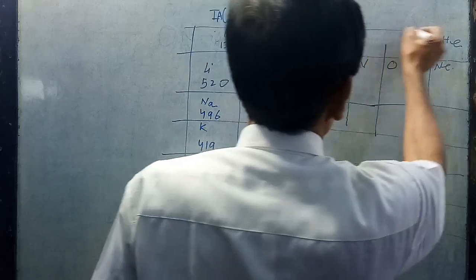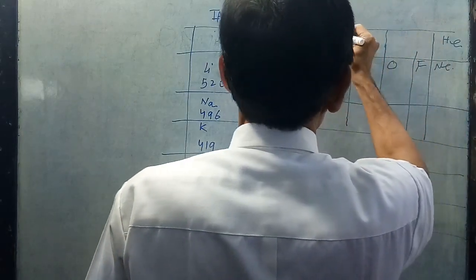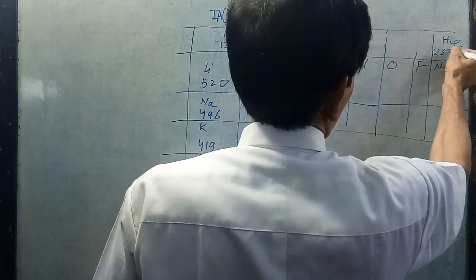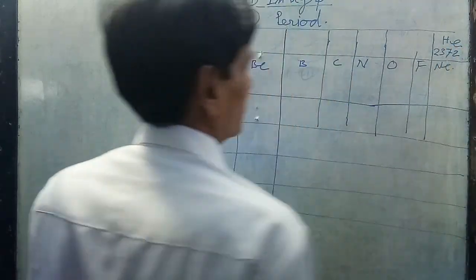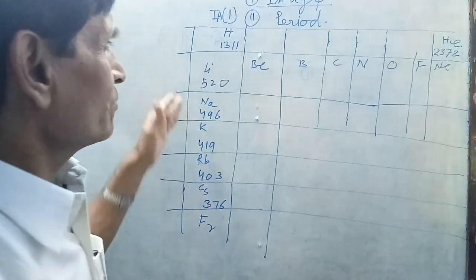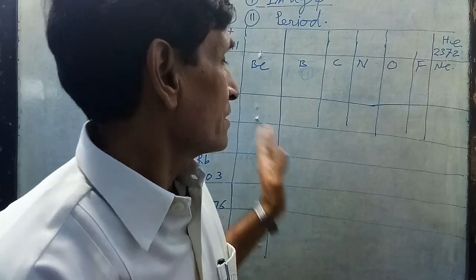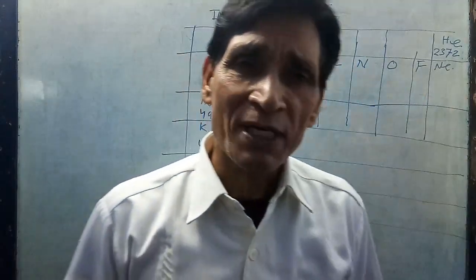In the first period only two elements are there, hydrogen and helium, that I am not writing. 2372 kilojoule per mole. Now see, on moving across a period, with the increase of atomic number, nuclear charge increases, ionization energy increases. In very short form, on moving across a period from left to right, ionization energy increases.